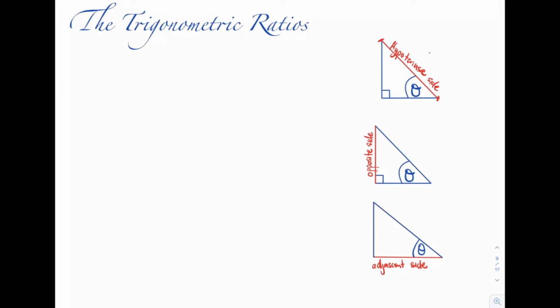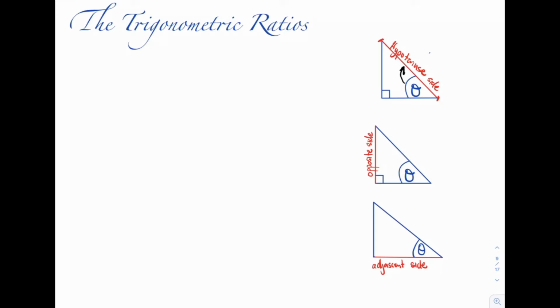Right before I dive into what the trigonometric ratios are, it's important to note that on our right-hand side, we have these triangles, which are all right-angled triangles, and we are showing where the hypotenuse is relative to the angle. Here, we see that the hypotenuse is the largest side as usual.